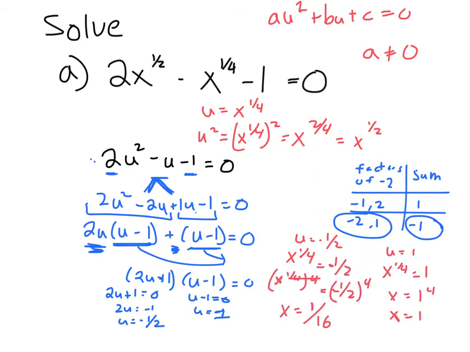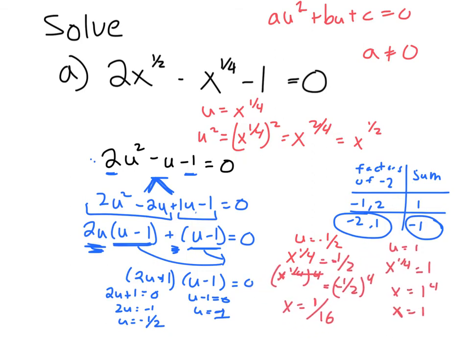It's really important at this point to check to see if there are any extraneous solutions, or check that your answers are correct. Remember, when you have rational exponents, things can happen, especially with the signs, and you can end up with an extraneous solution.